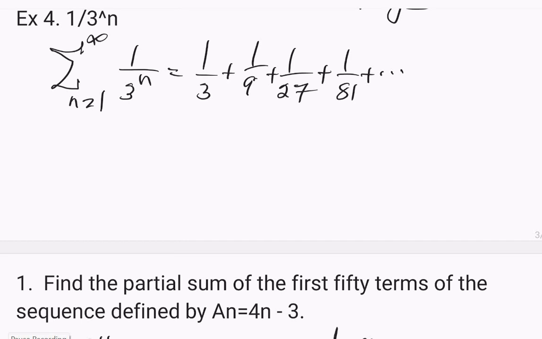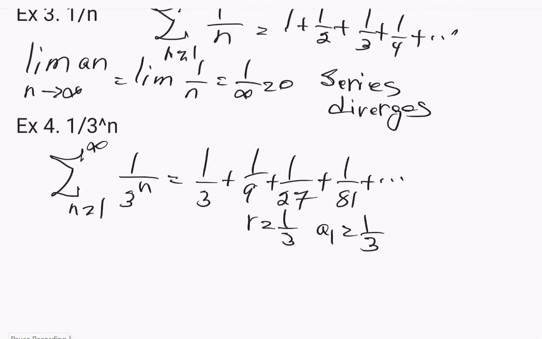This is an example of a geometric series with r equals 1 over 3 and the first term equal to 1 over 3. Now let's take the limit of 1 over 3 to the n as n approaches infinity, which equals 1 over infinity equals 0.